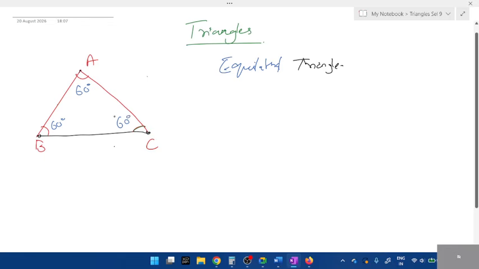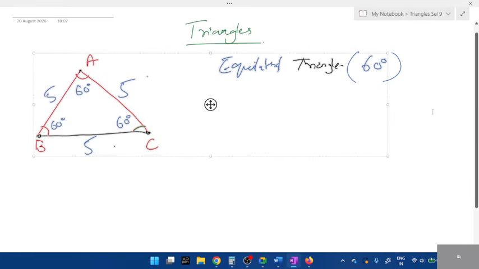So this is a fixed concept, students. In an equilateral triangle, what's the value of each angle? Each angle will be 60 degrees. And all three sides are equal, which means if one side is 5, the other side is also 5. If you want, make a note or just ignore equilateral triangle. Clear?